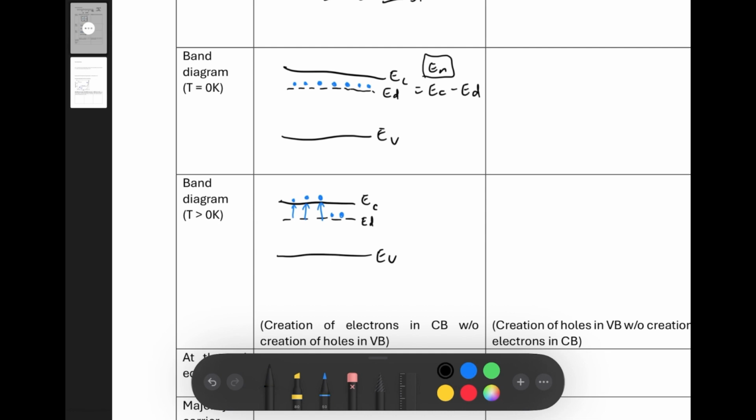But as the temperature increases further, let's say to room temperature, all of the donor electrons have been elevated to the conduction band, and now the donor energy level is fully ionized, and it's positively charged. Originally all the electrons are here, which makes the phosphorus neutral, but now when all the electrons have been excited to the conduction band, the phosphorus is positive.